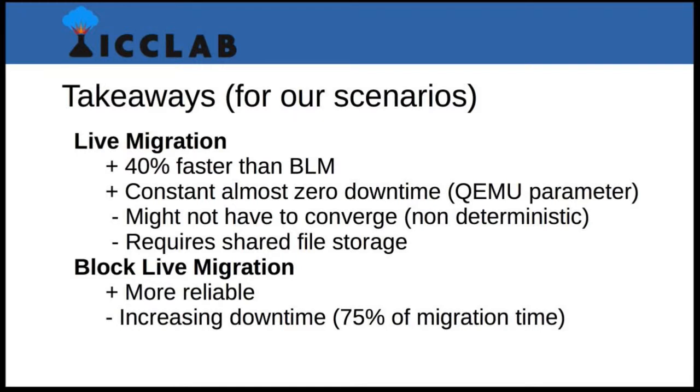But the disadvantages are that it might not converge, and it requires shared file storage. While block live migration is more reliable, it has increasing downtime, which is approximately 75% of migration time.